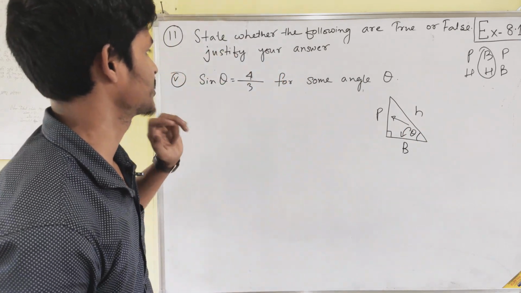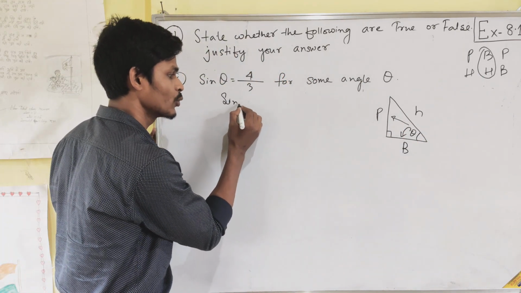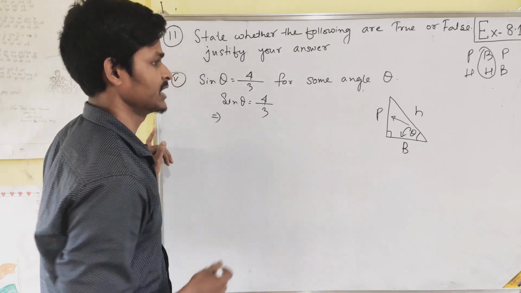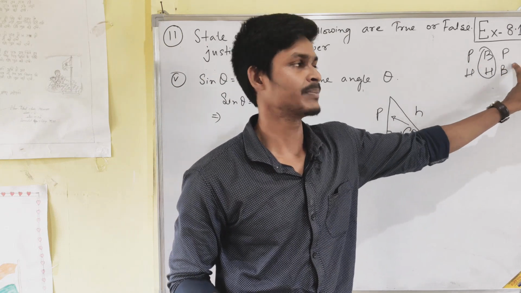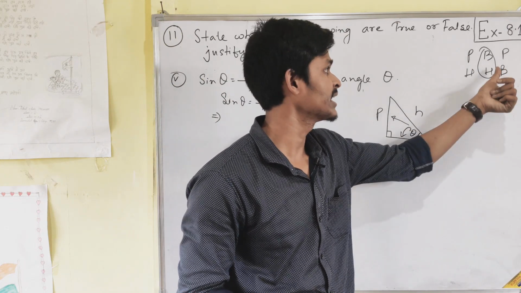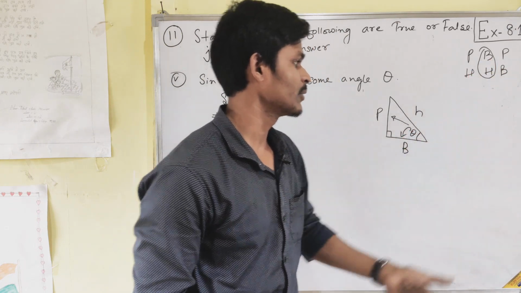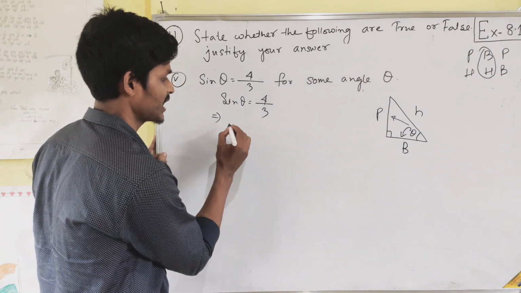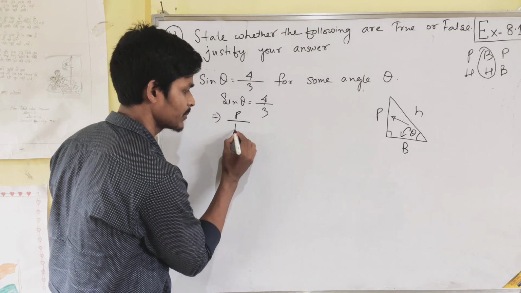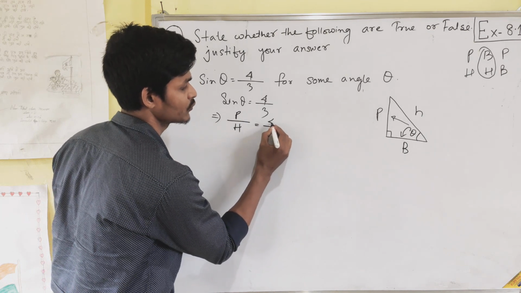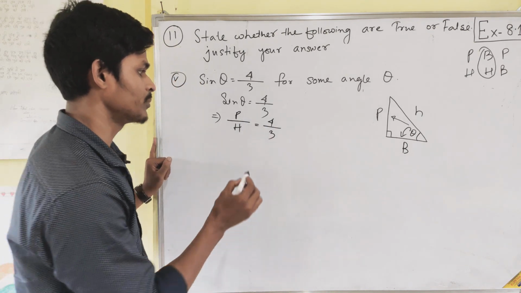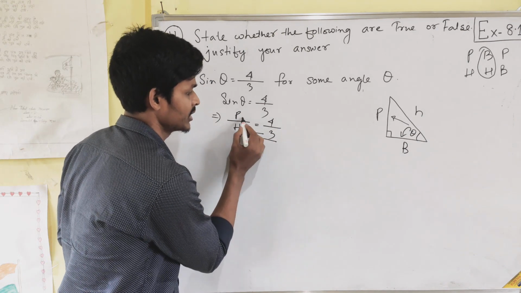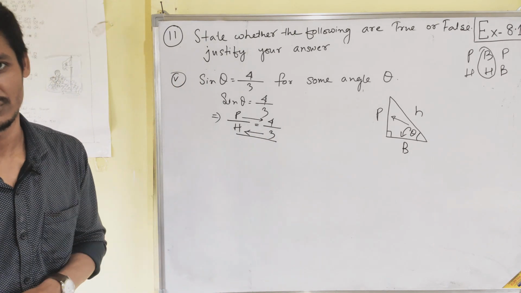Now the question says sin theta equal to 4 by 3, and we all know by Pandit Badri Prasad har bole, sin theta is perpendicular by hypotenuse. So here I write perpendicular by hypotenuse equal to 4 by 3. Now from this you see h equal to 3, perpendicular equal to 4.